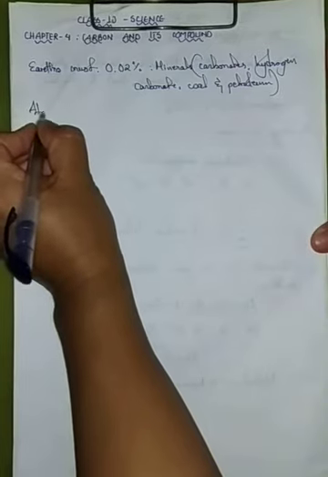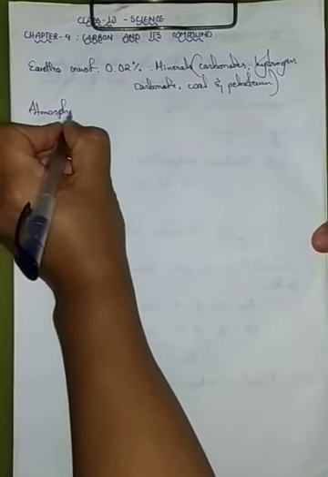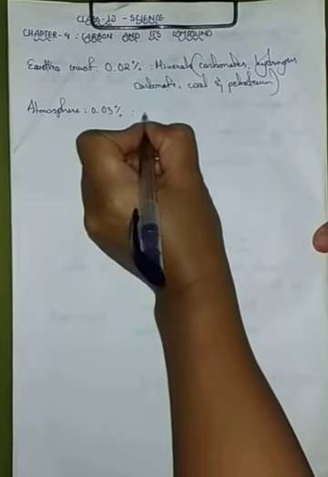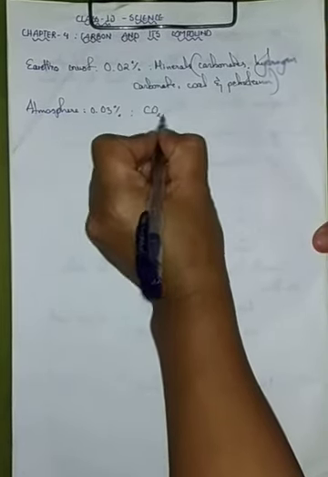And the amount of carbon present in the atmosphere is 0.03%, in the form of carbon dioxide.